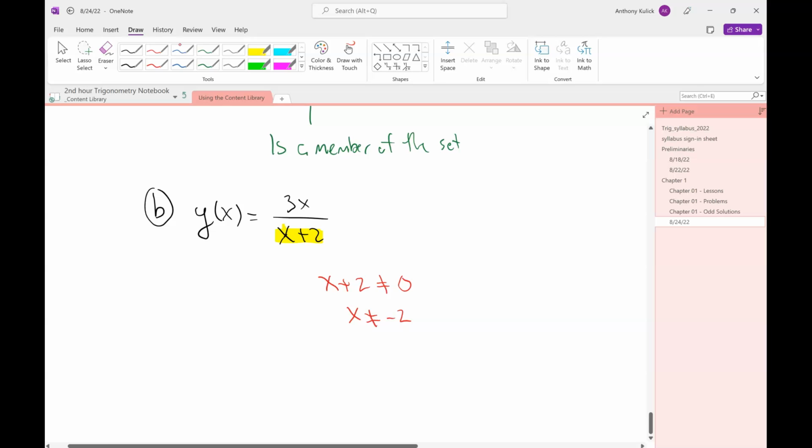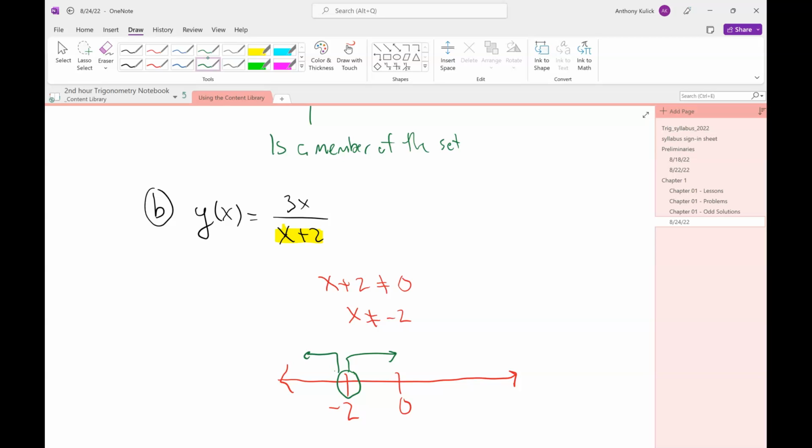This looks just like one of the interval notation problems we did just a moment ago, right? It's almost like Mr. Kulik went, wait a minute, this happens all the time when we do these domain problems. We should cover this interval before we get to the domain part.